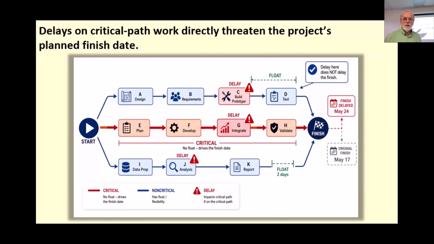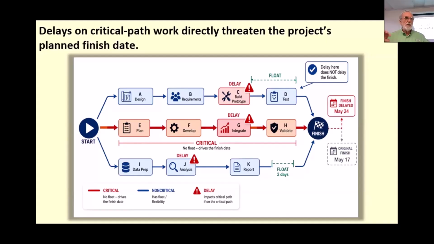We talked about critical path in the planning session. It's the longest sequence of activities that must be completed on time for the project to finish as planned. In other words, it's that sequence of activities through the project schedule where there's no float or slack. When one of them finishes, the next one has to start.